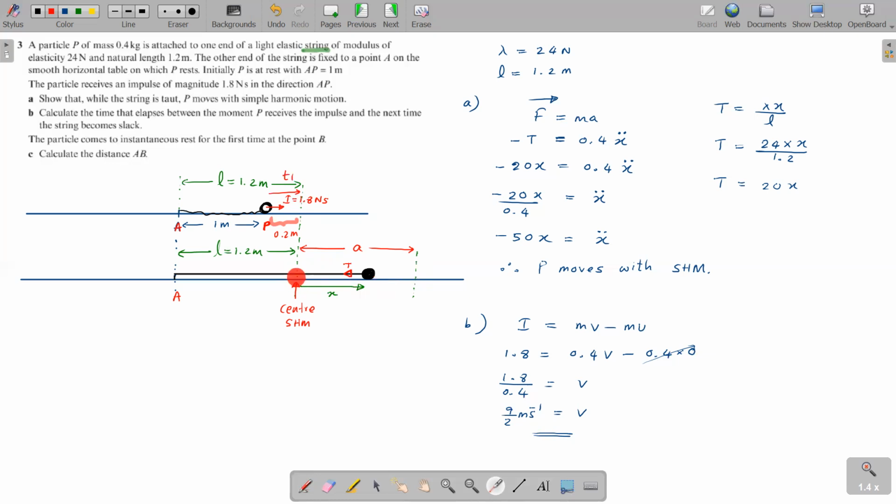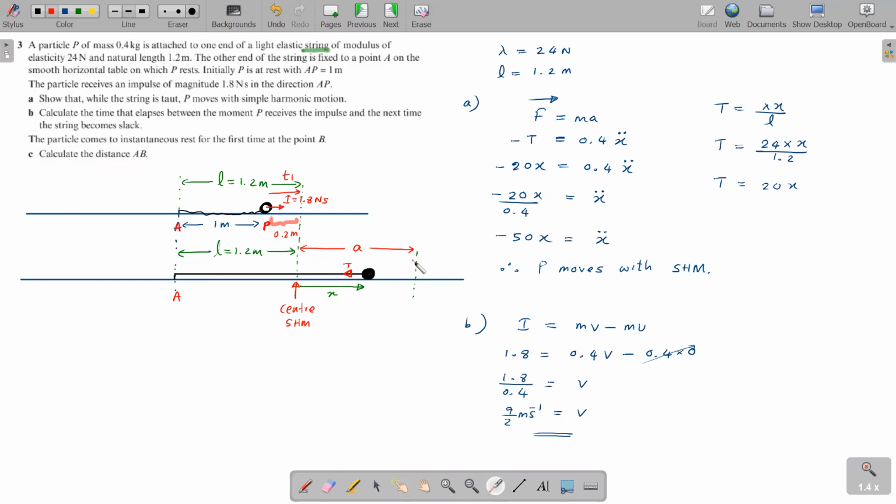At the center you get Vmax, and when you are at the center, the string becomes slack. So that's what they want: the time taken for the string to become slack for the first time. From the start, you go to the amplitude and then come back to the center. That's the place where the string becomes slack.